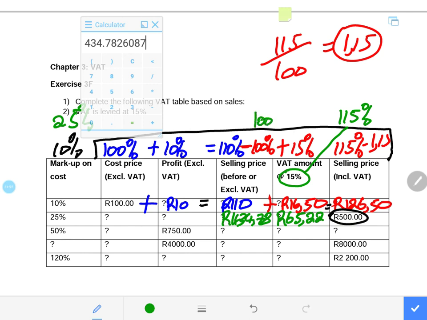You always multiply by what you are looking for and divide by the percentage of the amount that you have, which in this case is 500, and the percentage of 500 is 115 because 15% VAT was already added.